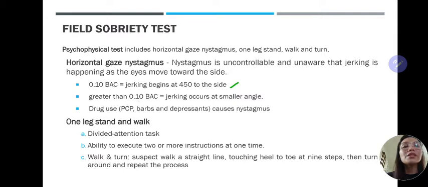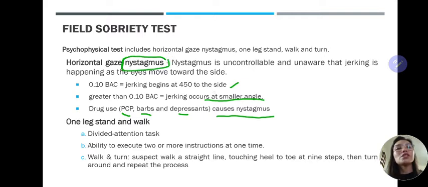So, if it is greater than 0.10, jerking occurs at a smaller angle. And then with drug use, usually with PCP, barbiturates, and depressants, it also causes nystagmus. So, nystagmus yung ino-observe dito, which is the jerking, because it is uncontrollable and the person is unaware of it.